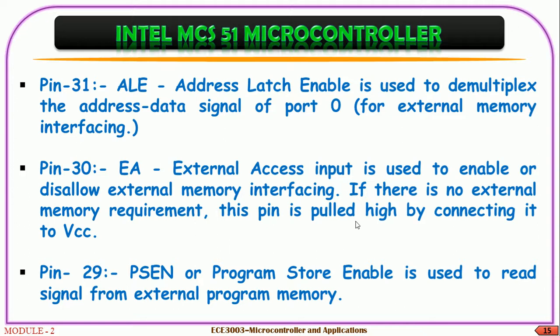If there is no external memory requirement, then this pin is pulled high by connecting it to VCC. Pin number 30 is ALE, address latch enable, used to demultiplex the address data signal of port 0. Pin number 29 is PSEN, program store enable, used to read signals from external program memory.